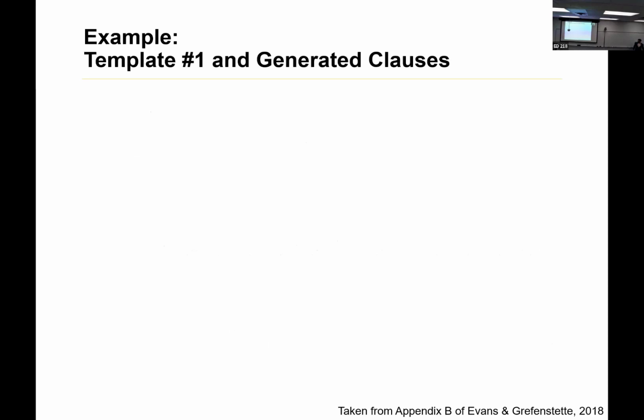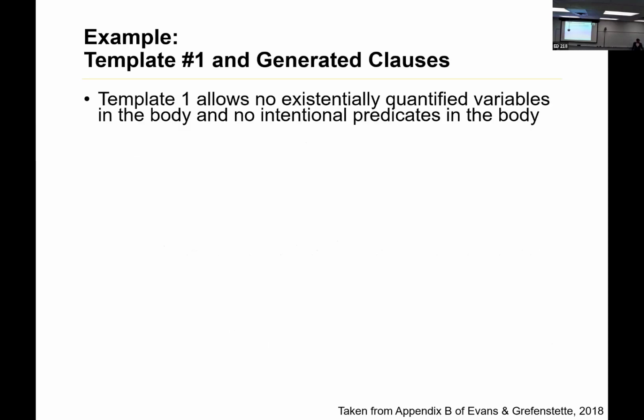So we're going to assume two templates, and here is template one. For the templates, they put different requirements on them in the paper. One of them is the number of existentially quantified variables in the body. This one will have none.